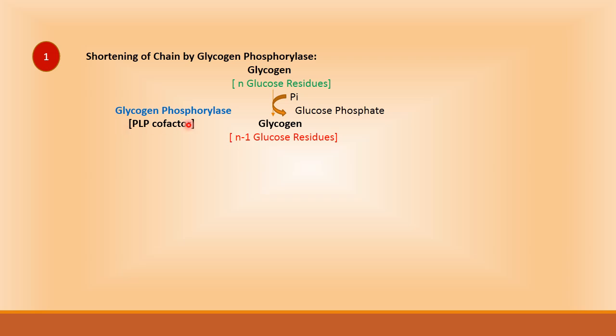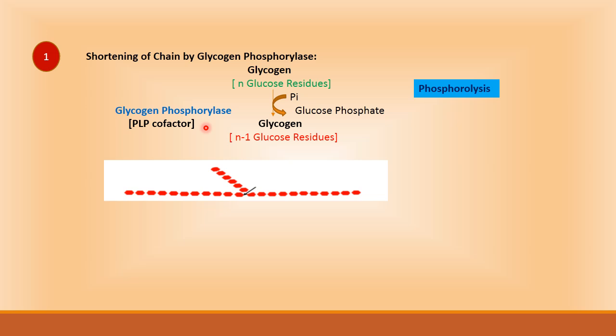The glycogen phosphorylase, the key enzyme of this step, requires pyridoxal phosphate as cofactor. Here pyridoxal phosphate acts as cofactor, not coenzyme, and this step is also known as phosphorolysis, and we will have shortening of the glycogen chain.